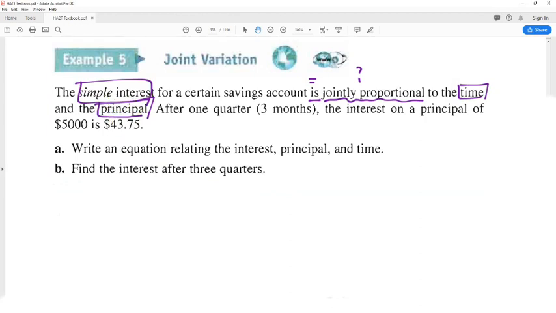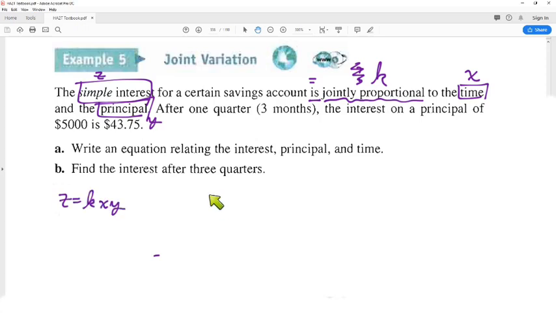Kind of like in this one. Simple interest is, and so this would be your z. Is jointly proportional, so this is going to be our k. It's saying a k is multiplying x, which is time, and p, which is our y, our principal. So we got z equals k times xy.